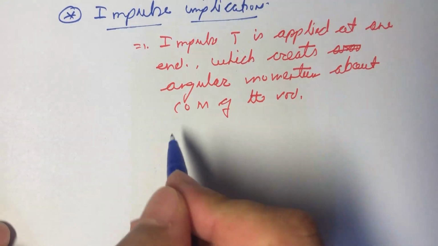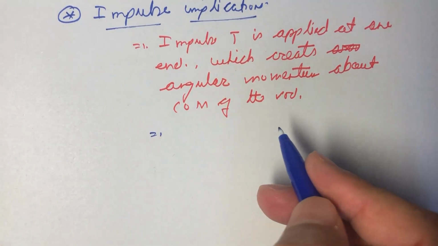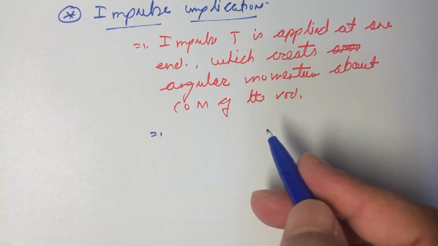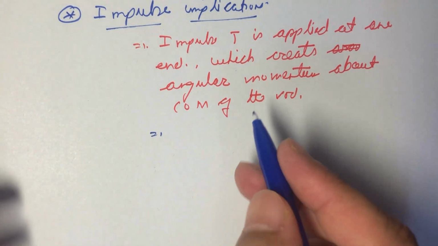And the distance of the center of mass from the point where impulse is applied is L by 2.